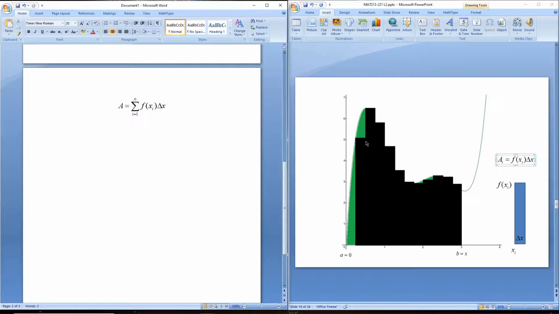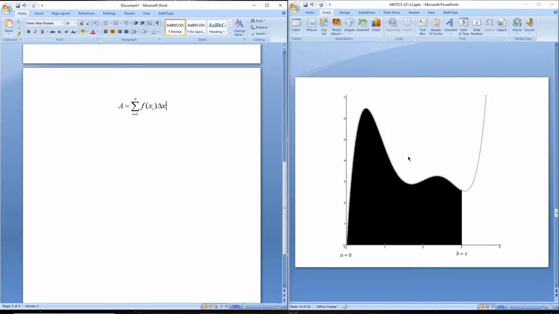We're going to let them get forever smaller, which allows us to put infinitely many in there. And the smaller these rectangles get, the closer and closer they'll get to the actual area under the curve. And then once we take the limit, it will tell us the end result of all of these summations, which will be the exact area under the curve. Also recall that delta x was b minus a over n.